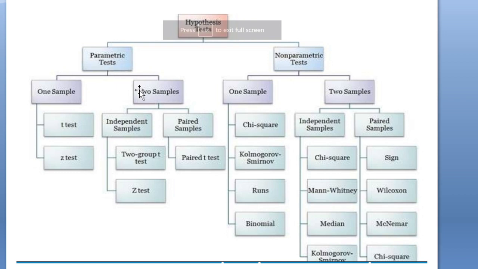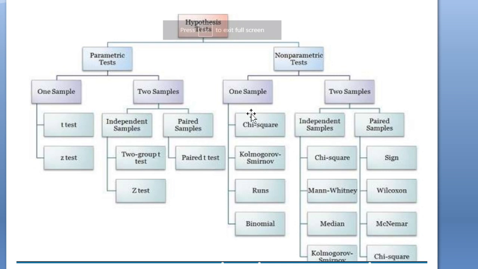On the other hand, if we consider two samples and the samples are independent, then we can use the two sample t-test for small samples and the z-test for large samples. Similarly, if the samples are not independent, that means they are paired samples, then we can use the paired t-test.